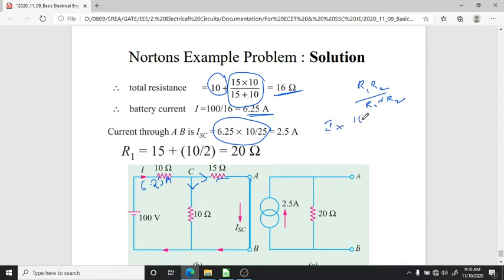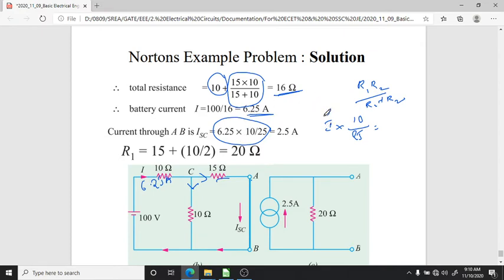divided by the total resistance. Opposite resistor is how much? 10 ohms. Total resistance is 10 plus 15, which is 25 ohms.